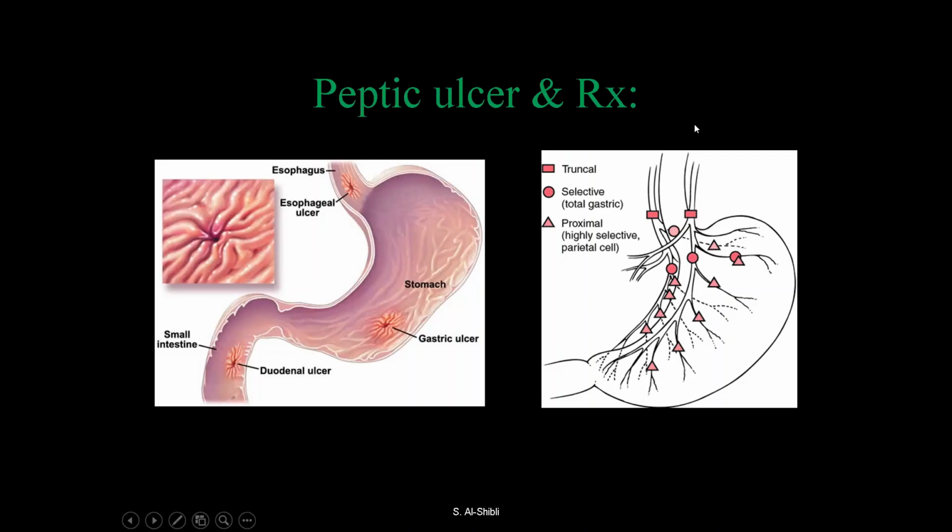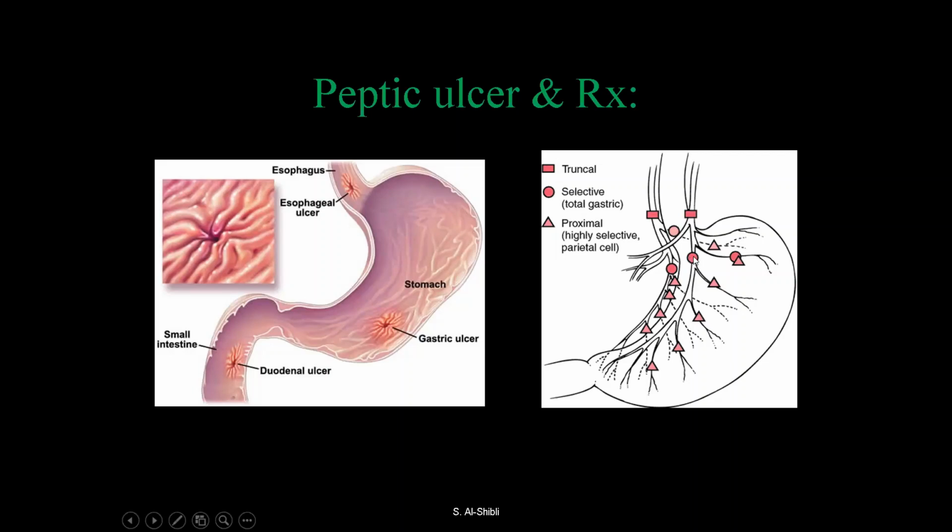previously, not now, whenever we had peptic ulcer, we did what we call truncal vagotomy. If you remember, you're still young to remember these things. The surgery for peptic ulcer before was truncal vagotomy. Then we found a lot of complications with the surgery, so we shifted to selective vagotomy, which is better.